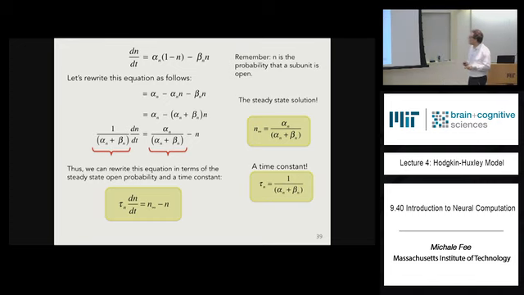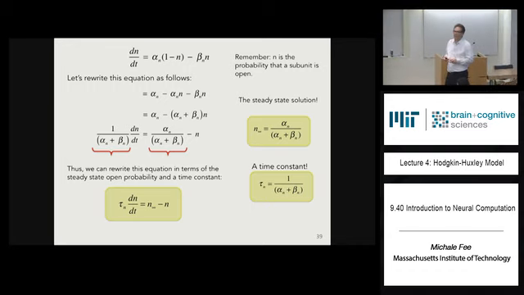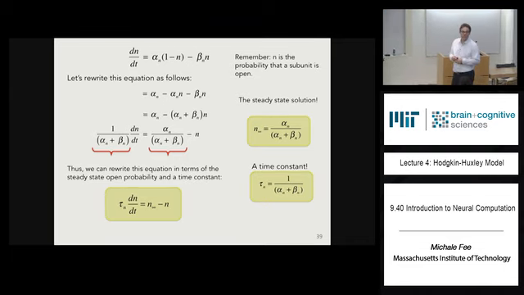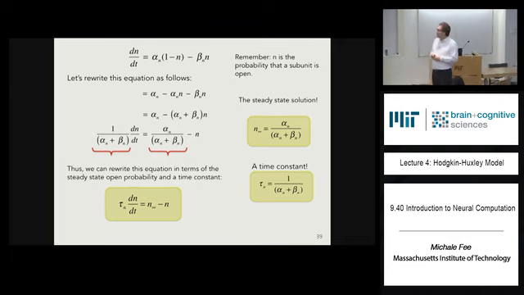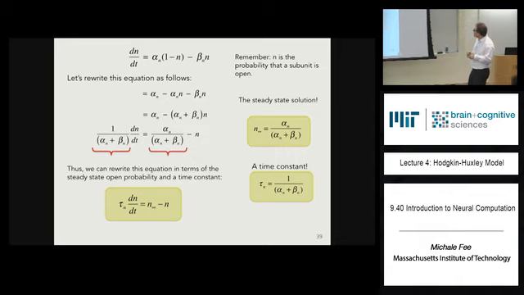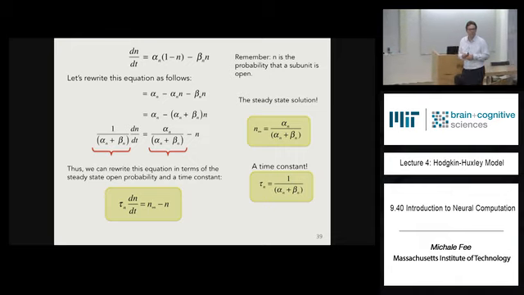So if we change n infinity, what is n going to do? It's going to relax exponentially to n infinity with a time constant, tau. And the tau is tau sub n because it's for the n gating variable. So that's why this has an n here.